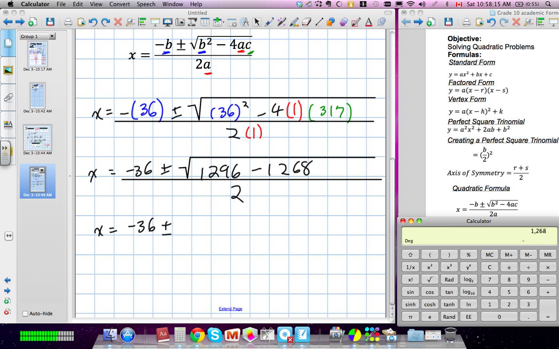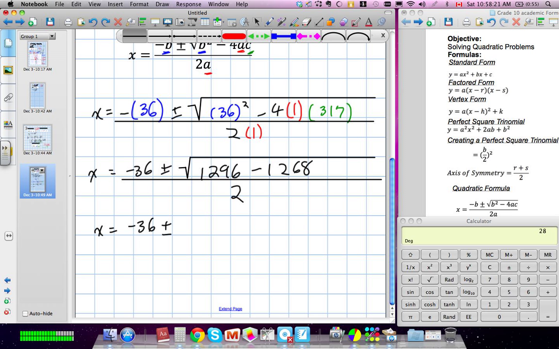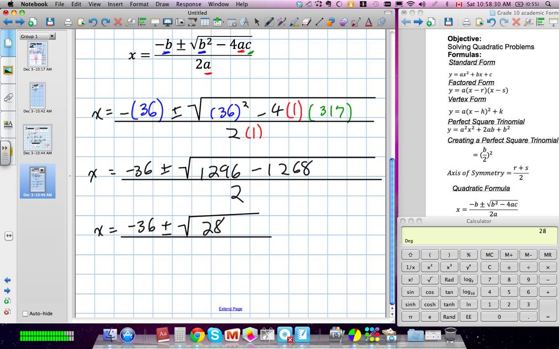Remember, what we're trying to find here are our x-intercepts. So I have that number in the calculator. I hit square root. I'm going to say it's 5.29.